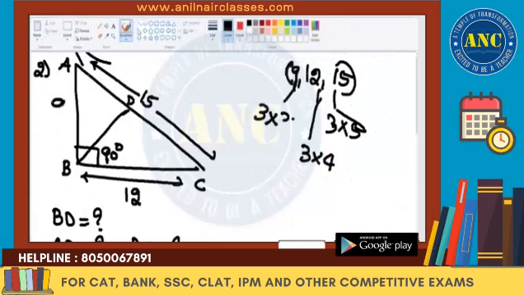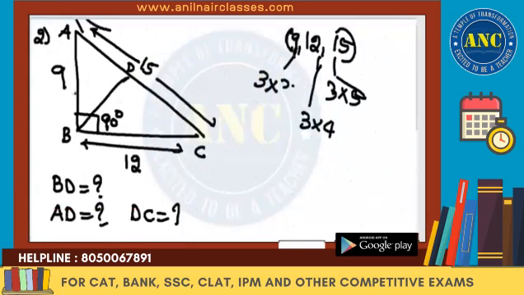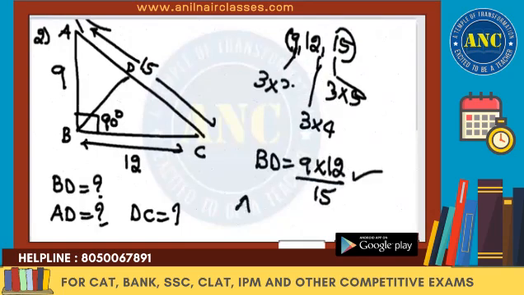So it is 9 and it is 12, 15. Now if you see, BD is nothing but 9 into 12 by 15. Finish answer. Next, AD is nothing but 9 square by 15 and DC is nothing but 12 square by 15.